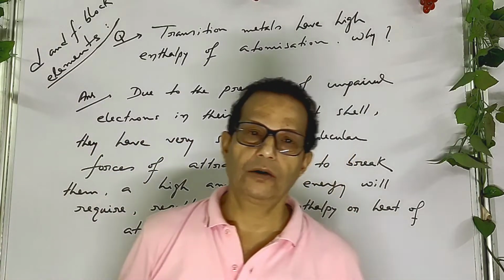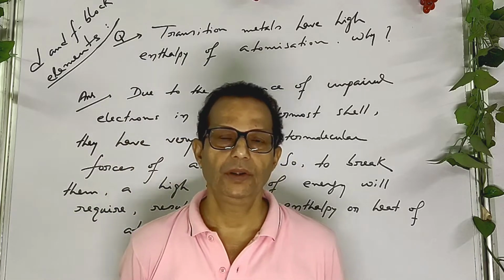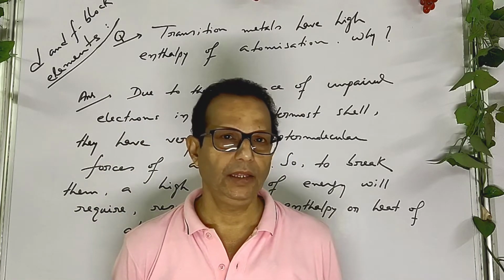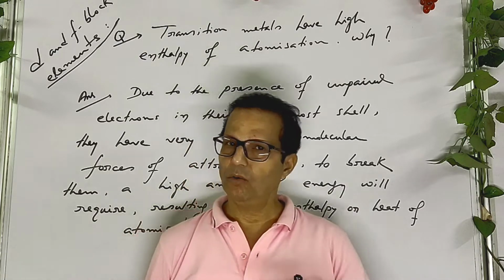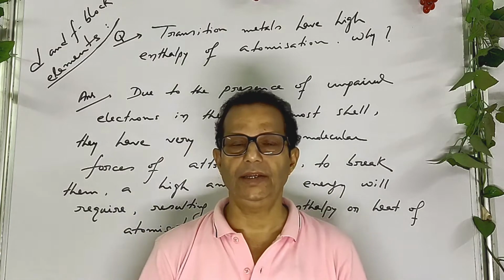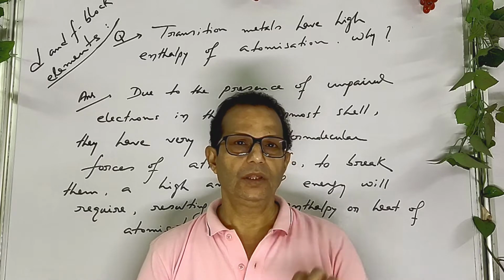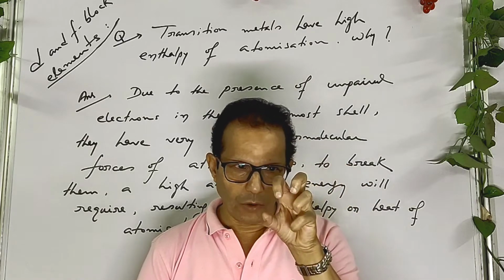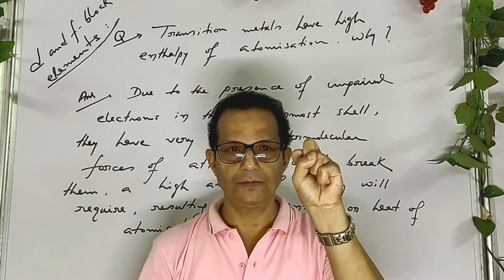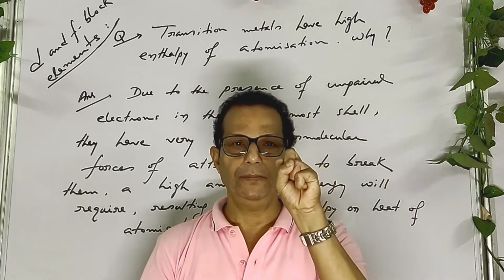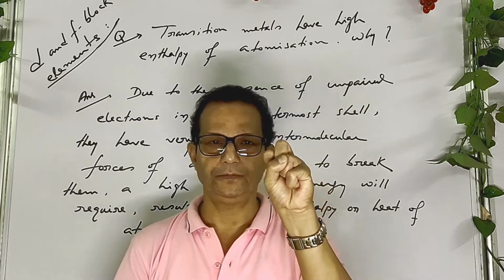Listen, the question is, why do transition metals have very high enthalpy of atomization? Understand it. If we consider the transition metal, the molecules are closely compact due to the presence of unpaired electrons in their valence shell.